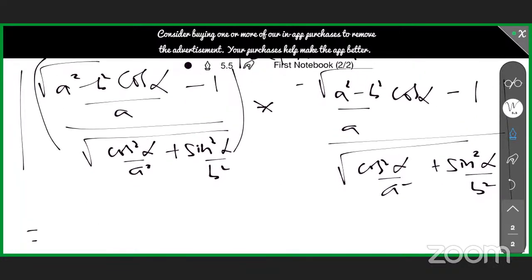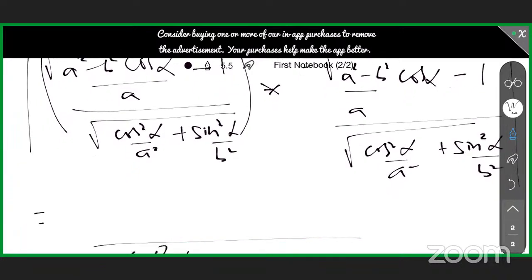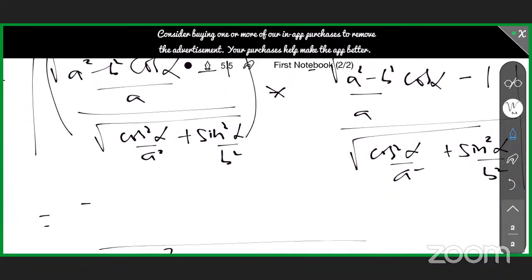Now the numerator, pointwise multiplication. Root into plus into minus: root A square minus B square into root A square minus B square will be equal to A square minus B square by A square into cos square alpha.